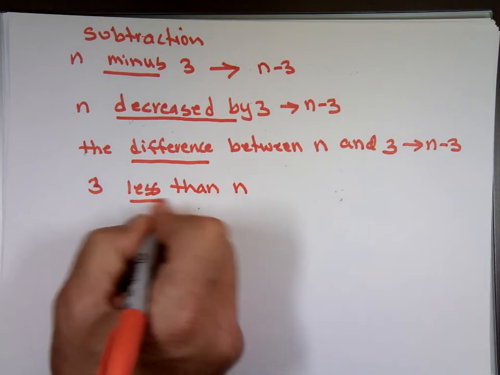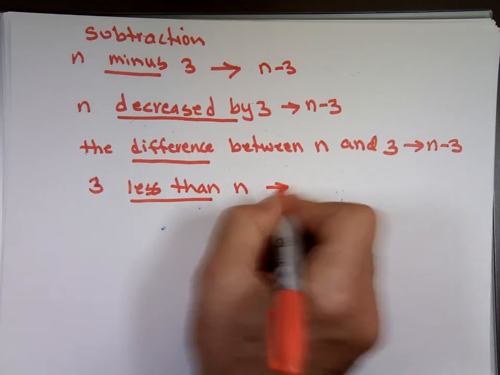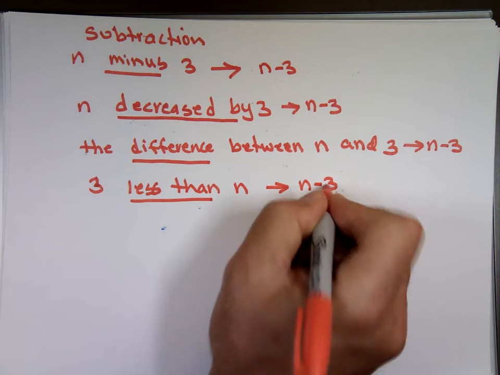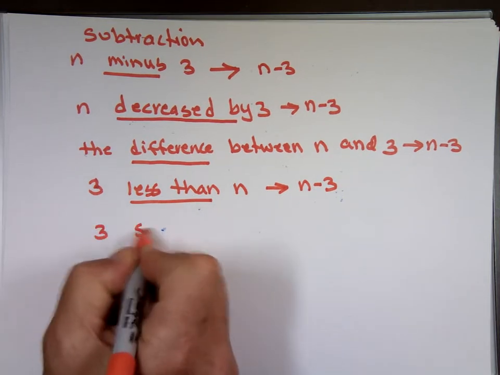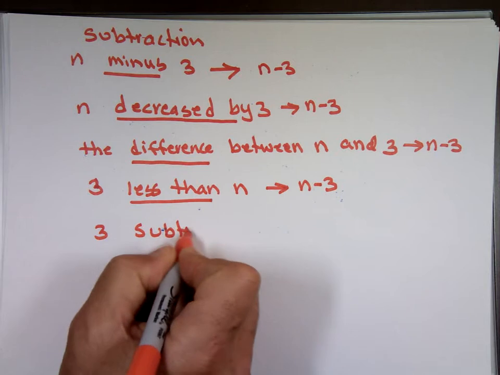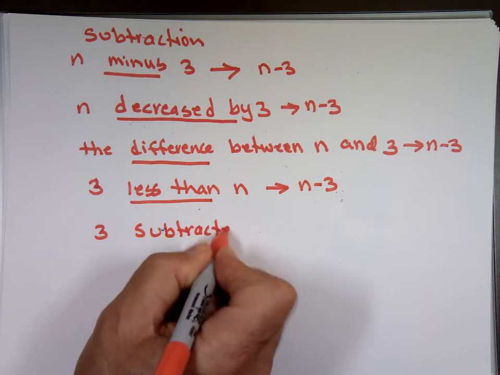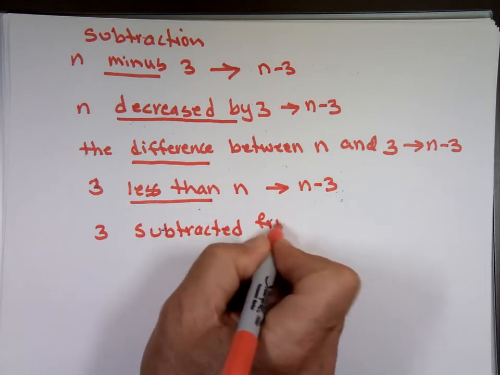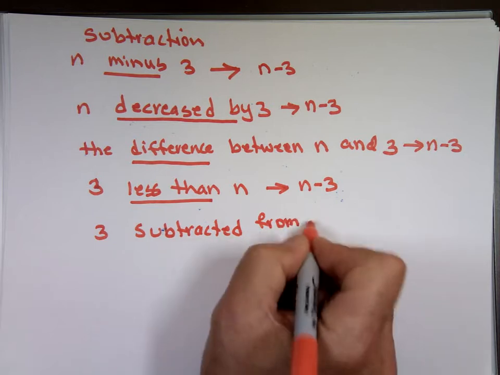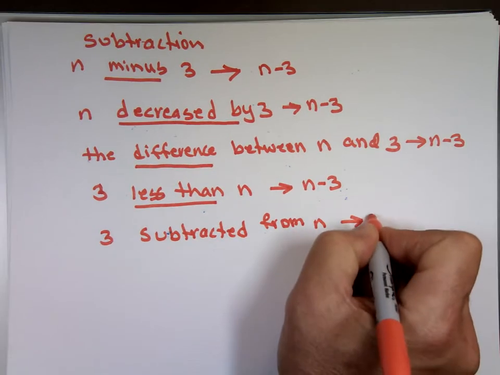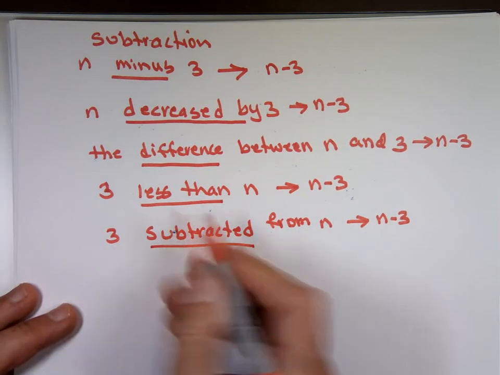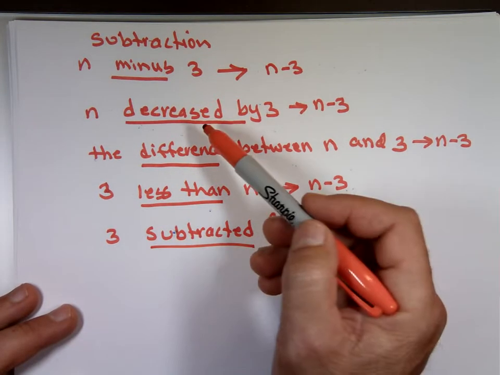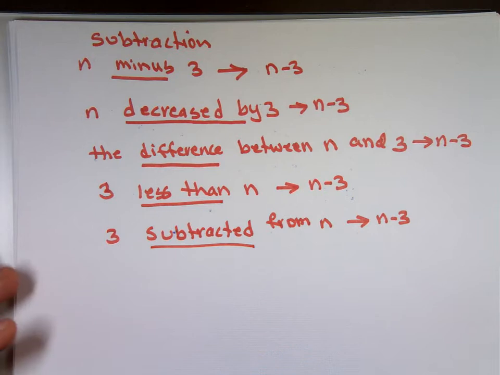Less than n. That means n minus 3. Or 3 subtracted from. All of these mean the same thing. Subtracted, less than, difference, decreased, minus, all mean subtraction.